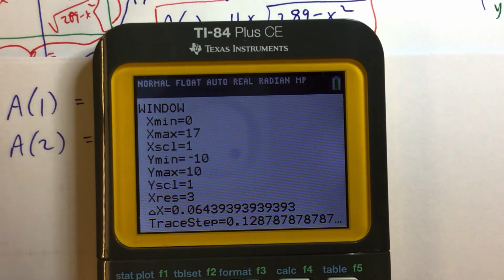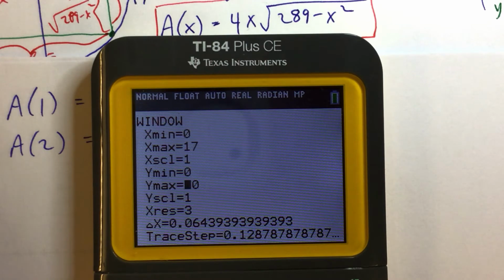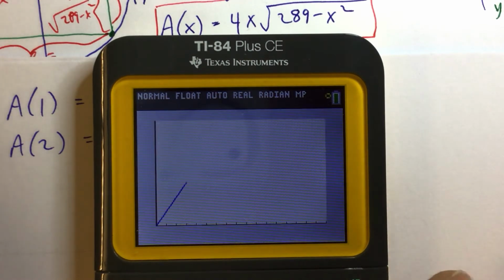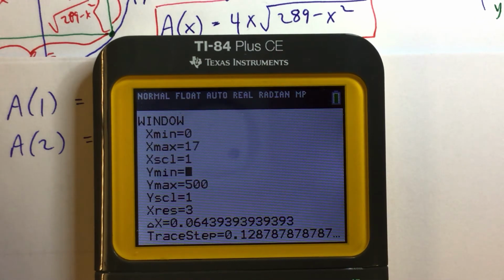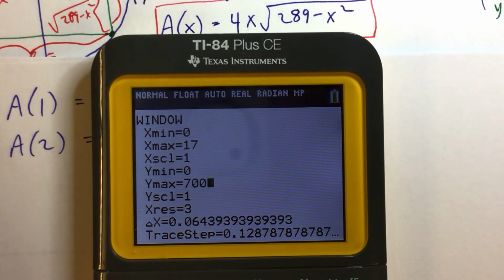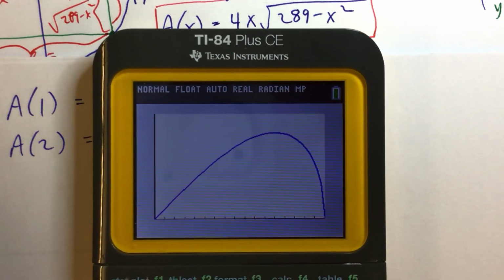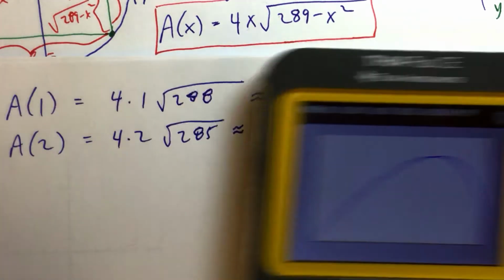And then the y min, the area can't be less than 0, and we can see the numbers climbing, so 135. So let's say our y max, we set that at 500. I don't know, that's just a guess. Oh, it actually goes higher than 500, so let's set that to 700.